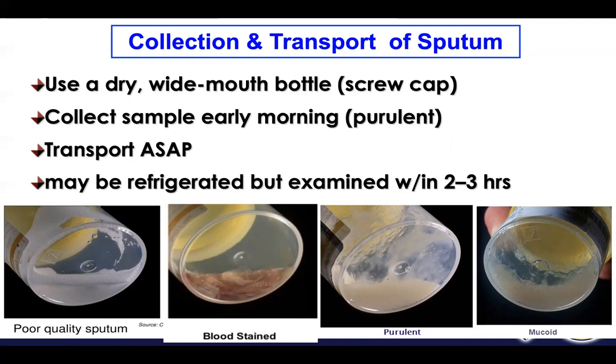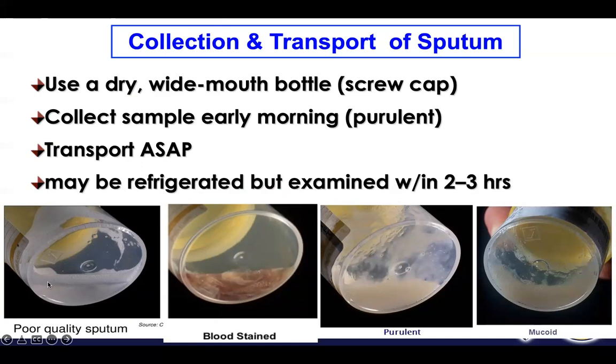Okay. And you may refrigerate sputum samples, but it needs to be examined within 2 to 3 hours. Now, remember, it's very important to be able to assess samples before receiving them into the laboratory. Saliva is not accepted.